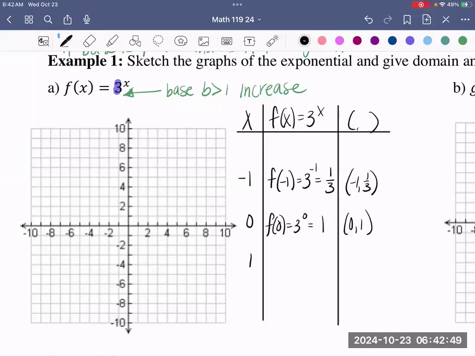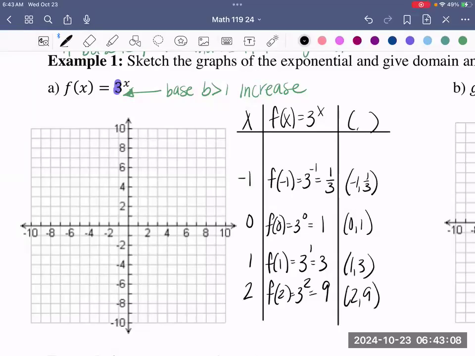And coincidentally, that is your y-intercept. f of 1 is equal to 3 to the 1, which is 3, so (1, 3). And let's do one more. Let's put in a 2. f of 2 is equal to 3 squared, which is 9, so (2, 9).